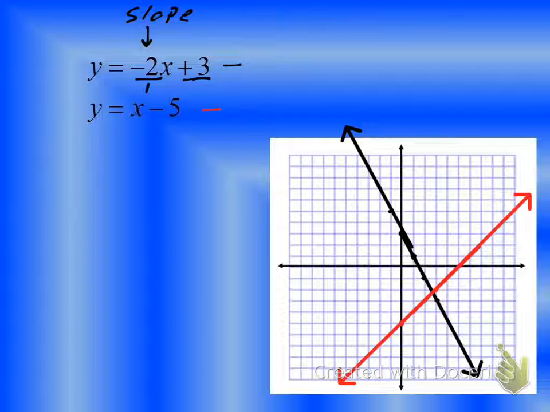Okay, right there. What's the solution here then? One solution, but what is it? Let's do this first: where is it? It's where the two lines intersect, which is going to be about right there.